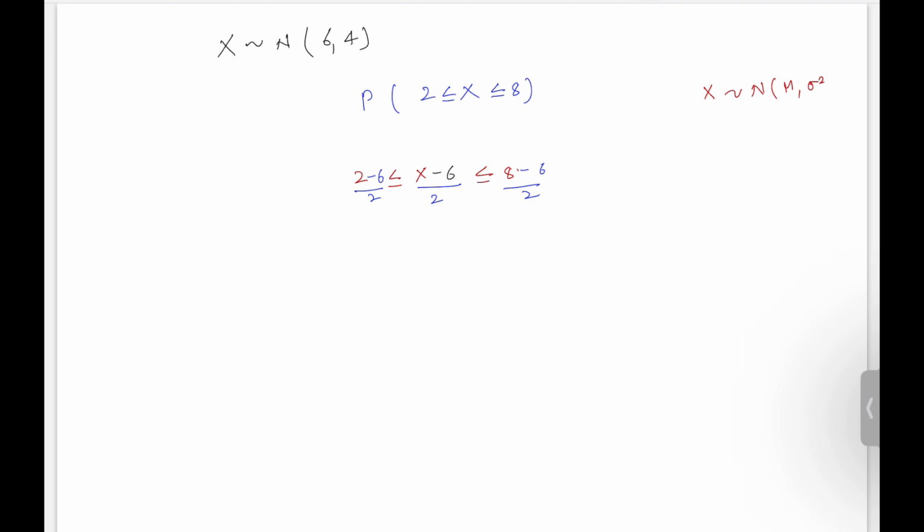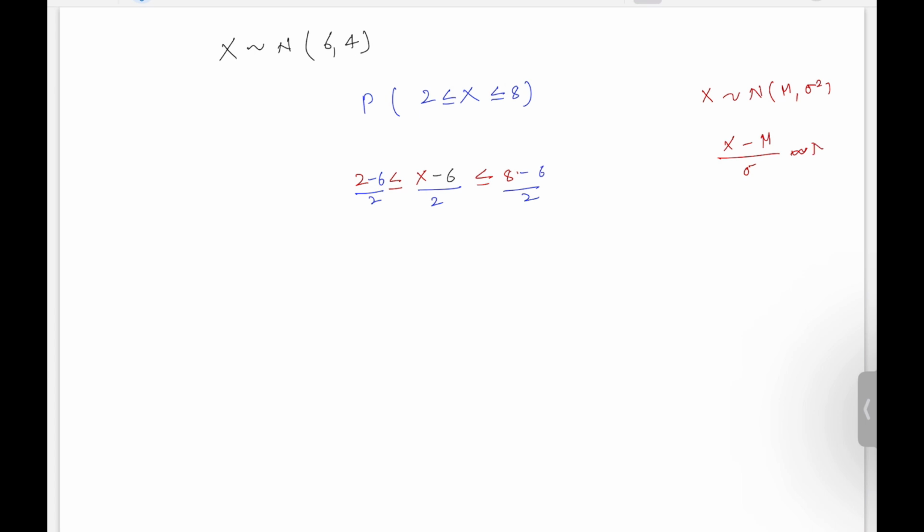We have shifted it by the mean and scaled it by the standard deviation sigma. Now (X minus mu) divided by sigma has the standard normal distribution with mean 0 and variance 1.